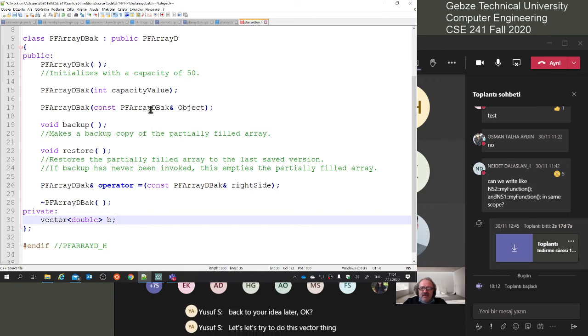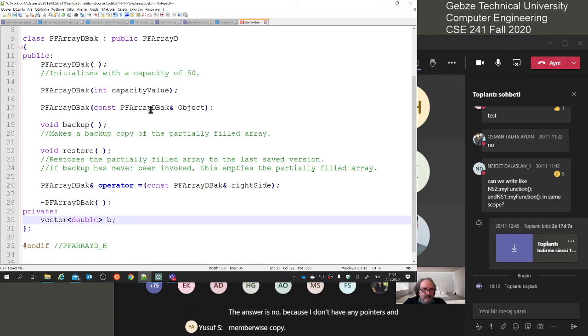I have a vector of doubles, and I ask you a question. Do I have to write the big three in this case? The answer is no, because I don't have any pointers, and member-wise copy is fine.